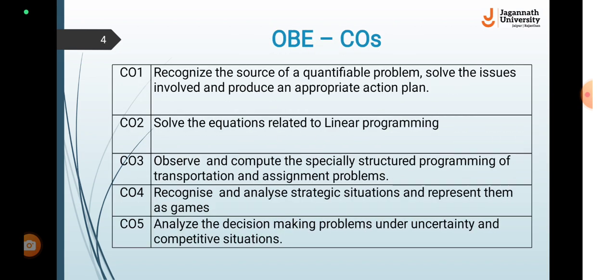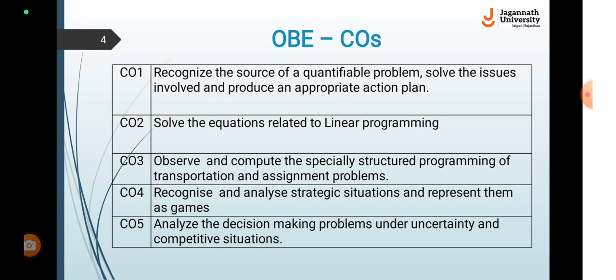After completing this course, you will be able to achieve the following course outcomes. These course outcomes are according to outcome-based education. The first course outcome is to recognize the source of quantifiable problems, solve the issues involved and produce an appropriate action plan.